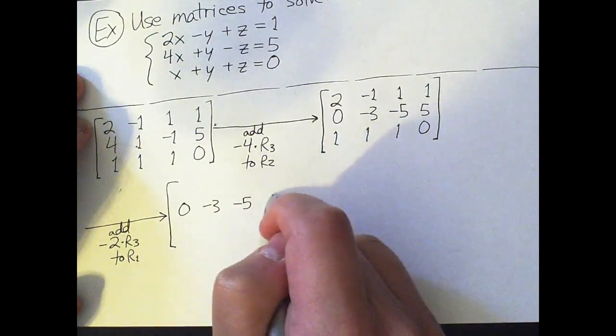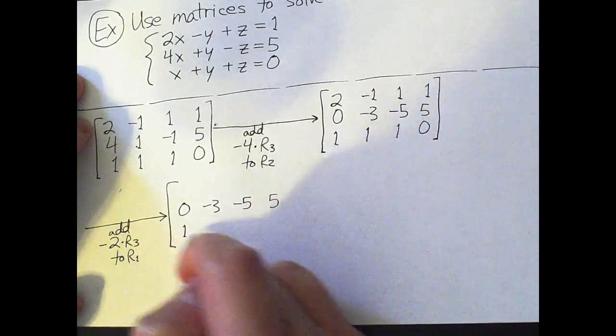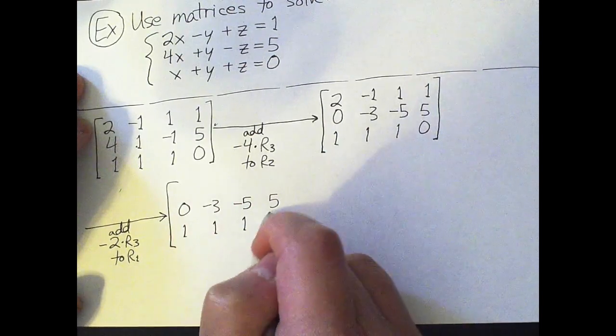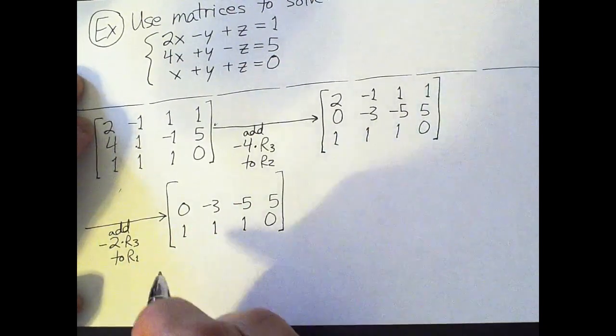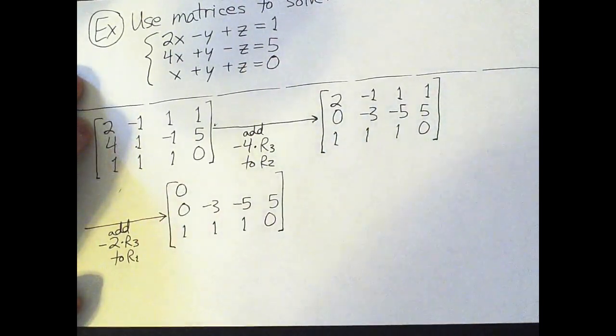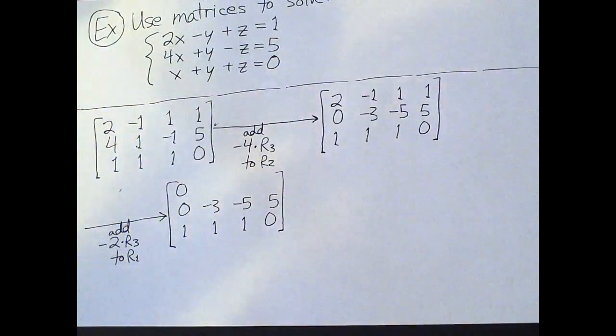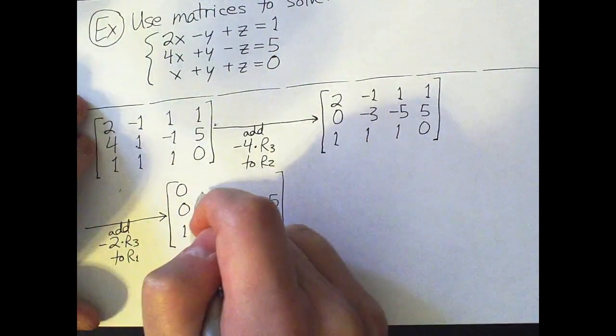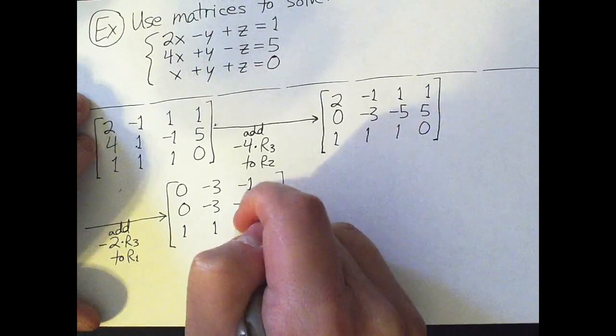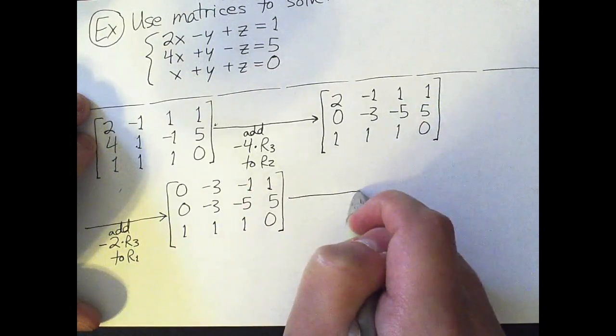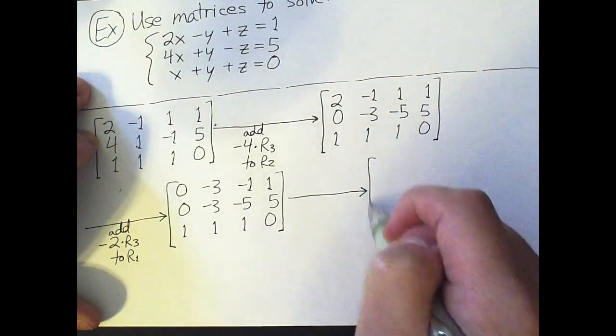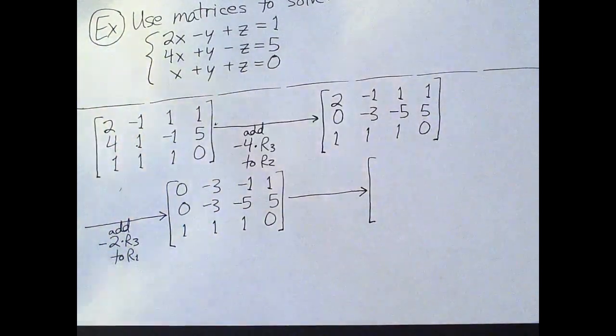And then, to represent triangular form, we're probably going to wind up interchanging rows. See, a 0 up there is nice. What else do we get? I got -3, -1, 1. And then I looked for what's my next step. My next step is optional.